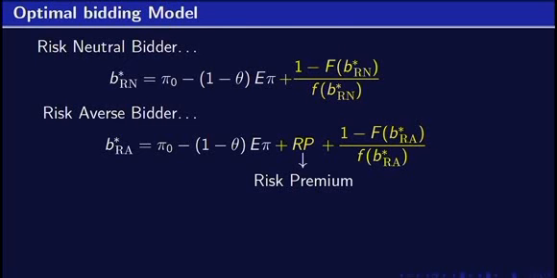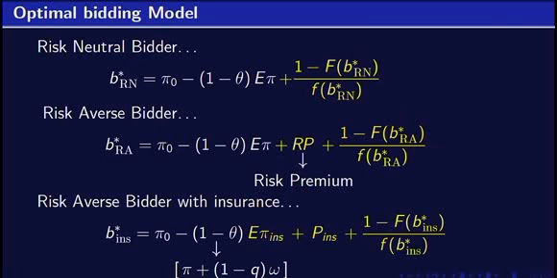And what happens if you introduce a risk mitigation tool? So we have a risk-averse bidder with insurance. Here, as you can see, the expected profit is different because your loss has been mitigated by you paying that particular premium.